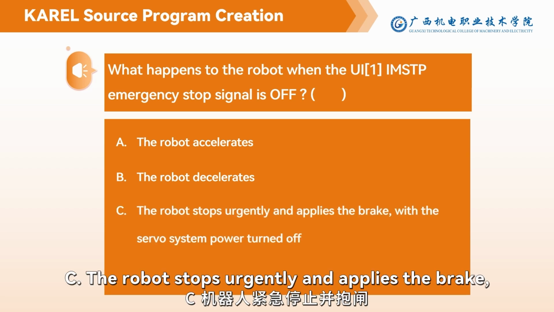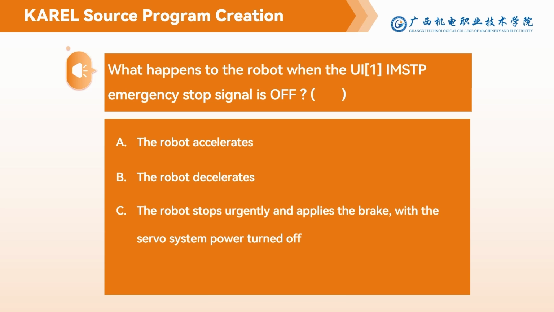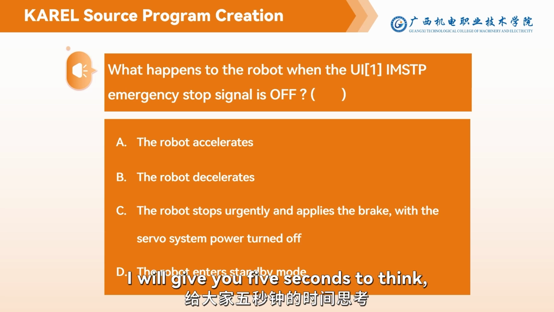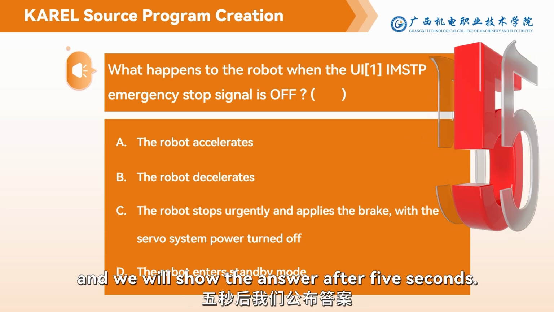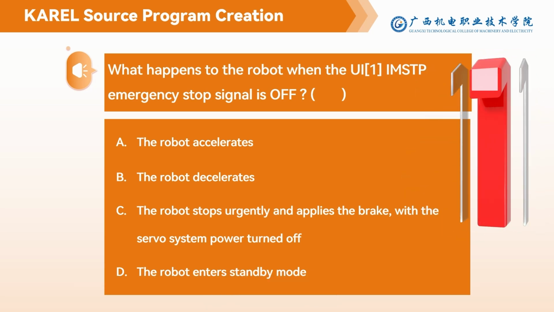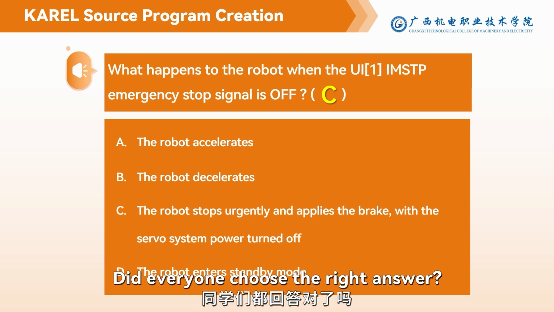C. The robot stops, decelerates, and applies the brake with the servo system power turned off. D. The robot enters standby mode. I will give you 5 seconds to think, and we will show the answer after 5 seconds. The answer to this question is C. Did everyone choose the right answer?